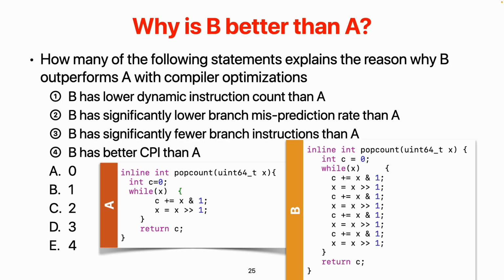Is B going to have lower dynamic instruction count than A? No? Why? It has more lines of code, but for these lines of code, how many iterations does it represent? 4, right? So for dynamic instruction count, all you need to do is these 2 statements plus 1 branch.